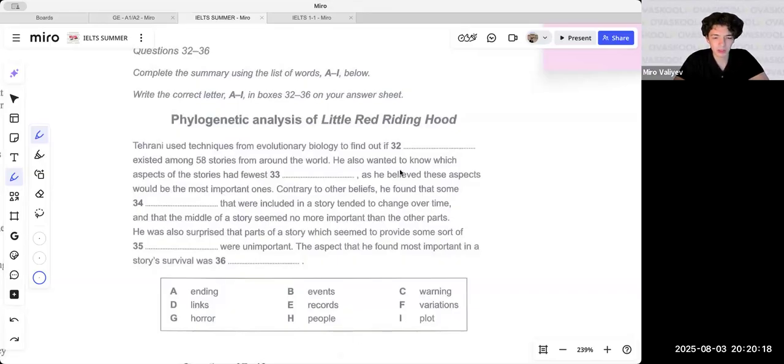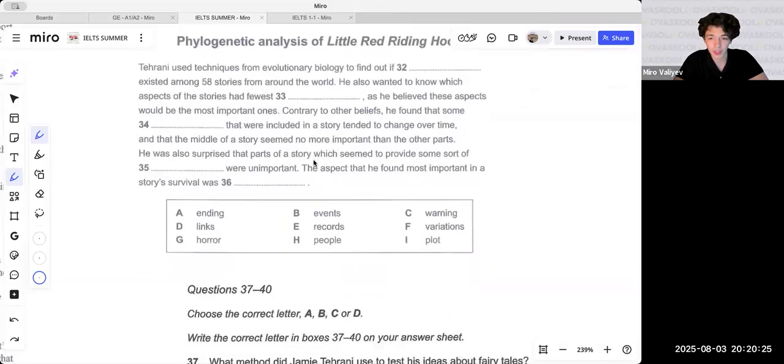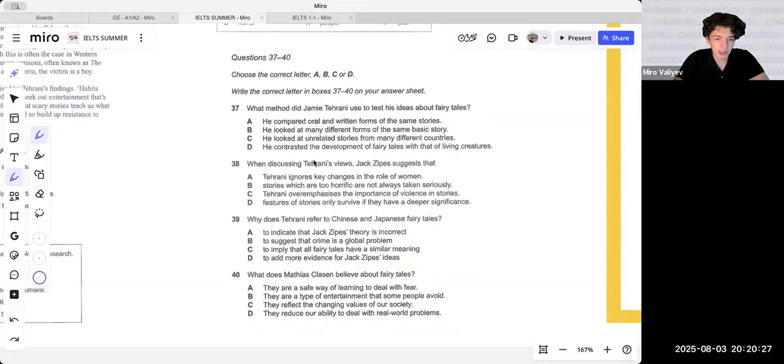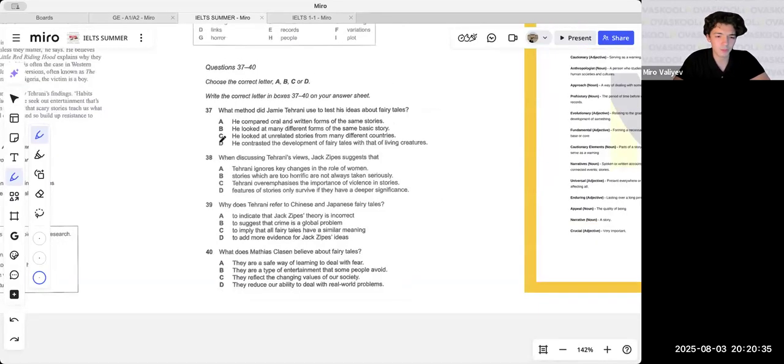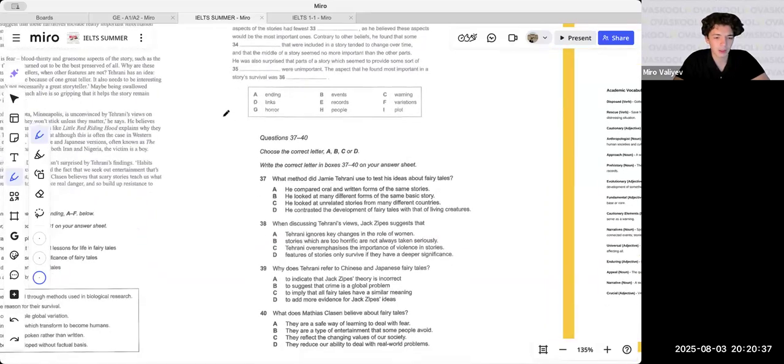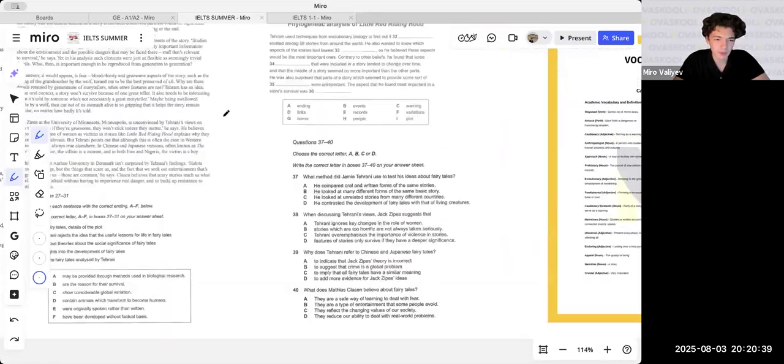But we'll try both. We'll try to guess and then we'll try to read and see what we can do with that. And then we have multiple choice questions. Multiple choice questions are not that complicated. It's easy to locate and it's not that difficult to answer. So we'll see what we can do.